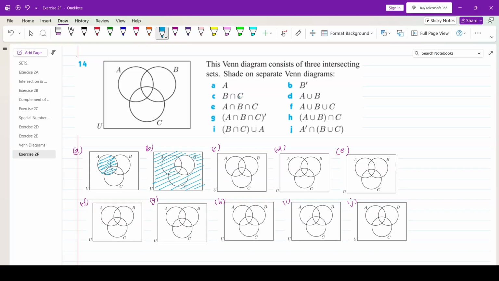Set B intersection C is going to be set A union B will be set A intersection B intersection C is going to be this part.